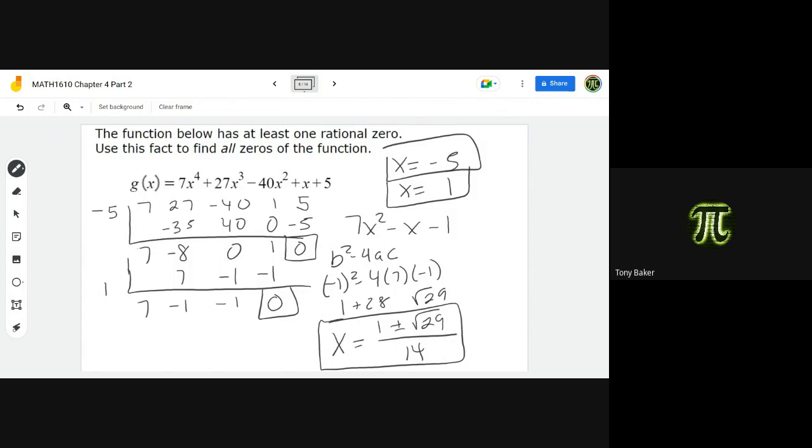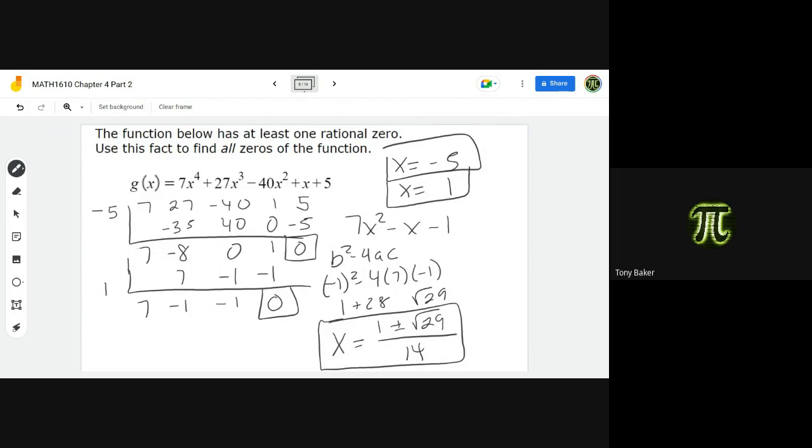You'd have 5 and 1 on the top and 7 and 1 on the bottom. So you'd have 5 over 7, 1 over 7, 5 over 1, and 1 over 1 as the ones you'd have, plus or minus those versions. So you'd still get the negative 5 and the 1 from it. So you just have to test more values.